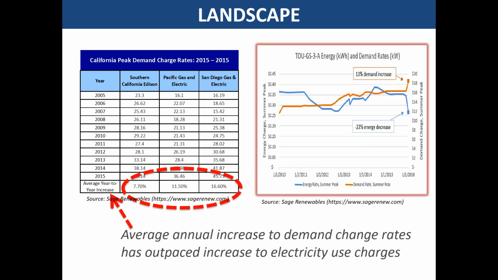So they're quite large on an annual basis. And secondly, the increase in demand charges in California and many other areas across the country has actually outpaced the increase in electric use charges.